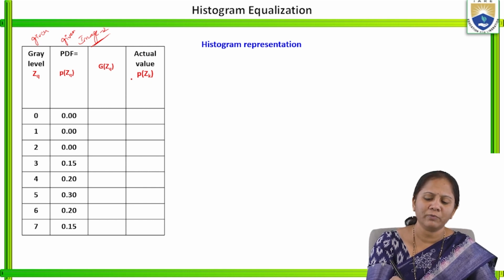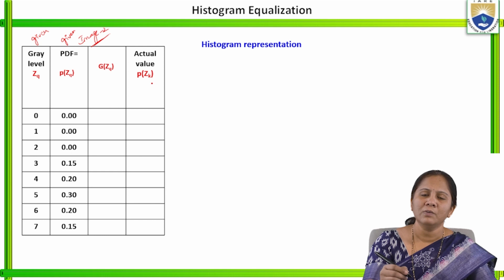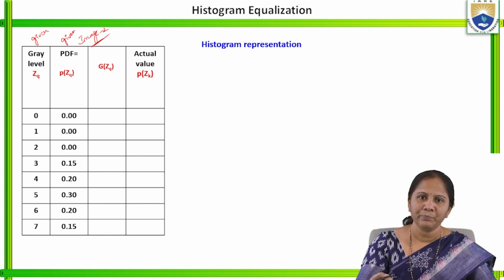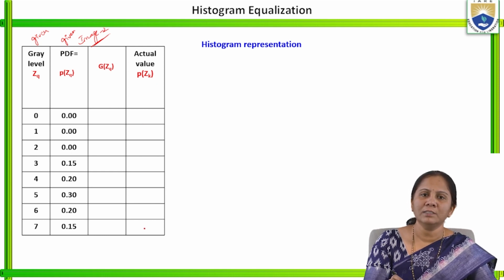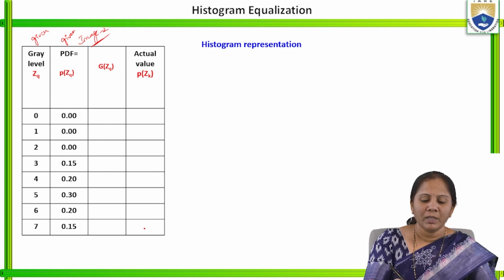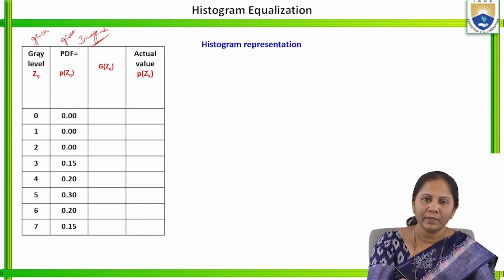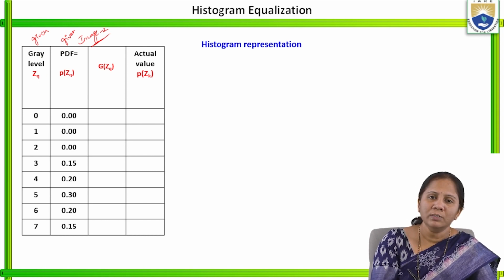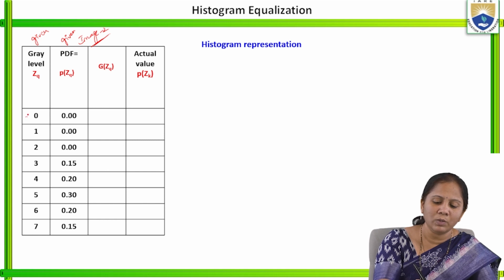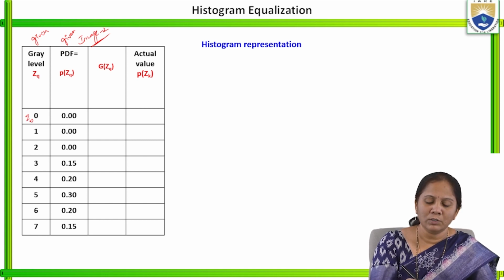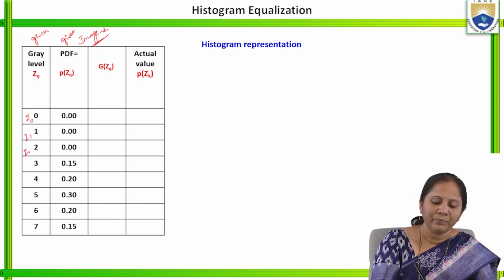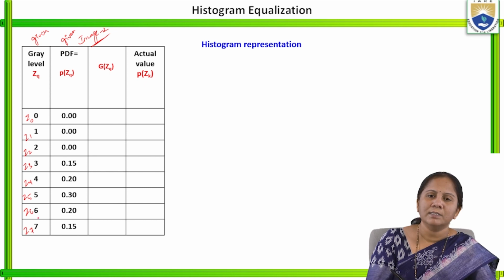To calculate this actual value, first we have to do another procedure. Based on that, we will fill all these columns. Here all these are the values of ZQ, which represent gray level, 0 to 7. That means Z0 is equal to 0, and this is Z1, Z2, Z3, Z4, Z5, Z6 and Z7.